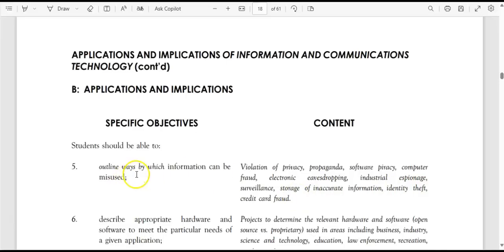So if you are asked to outline ways by which information can be misused, these are the ways that you should write about.